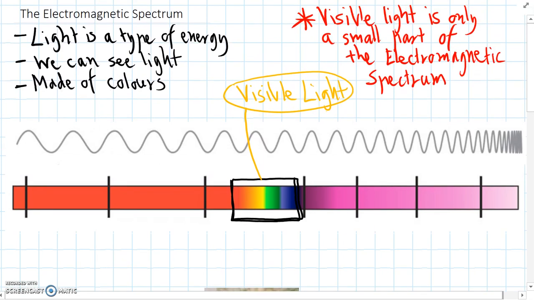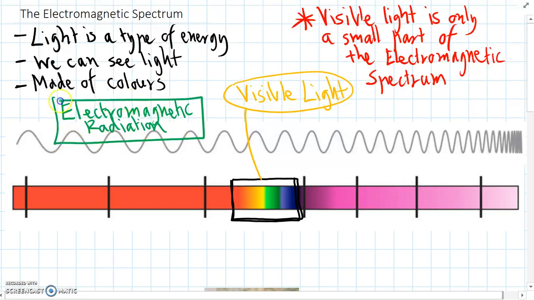So instead of just calling it light, we now want to expand our thinking and call it electromagnetic radiation. So light is still a part of it, but normally light just refers to the part that we can see, so visible light.